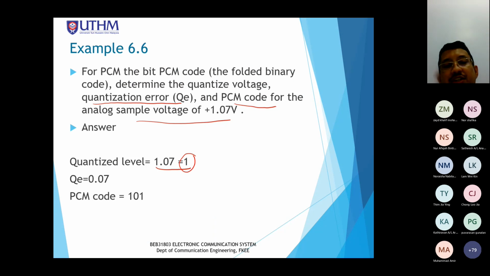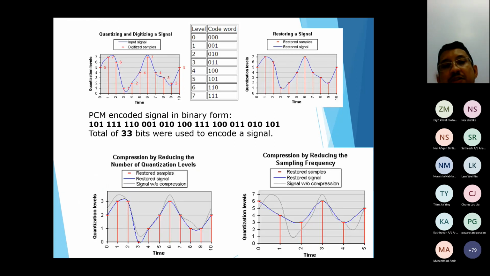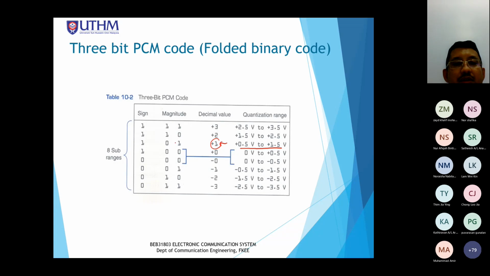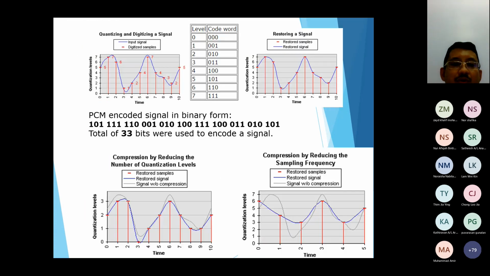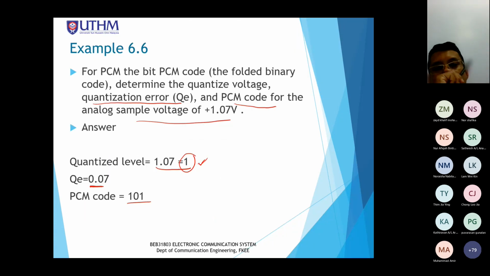The quantization error, the rounded up value, from 1.07 to 1 volt, would be 0.07. And what is the PCM code for 1 volt? According to this example, it refers to code number 101. So this is a straightforward example for the encoding process.